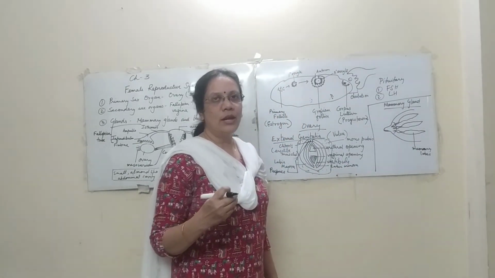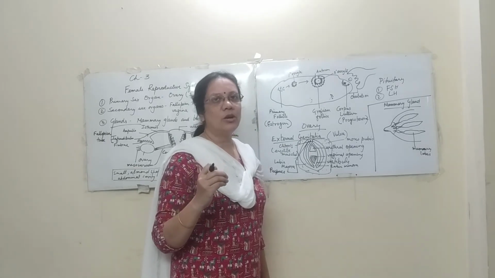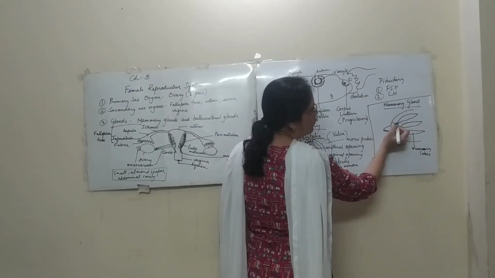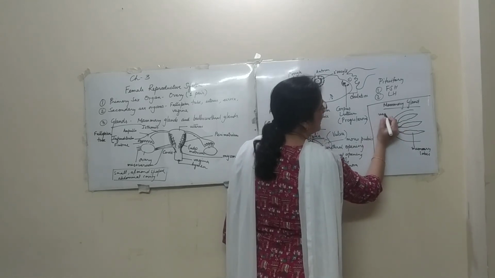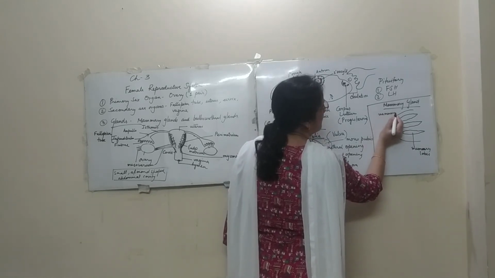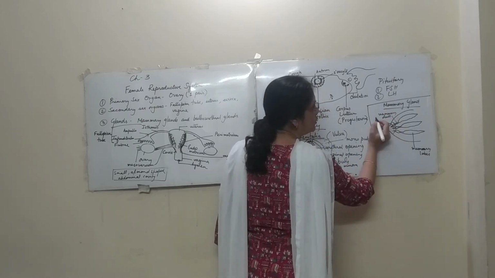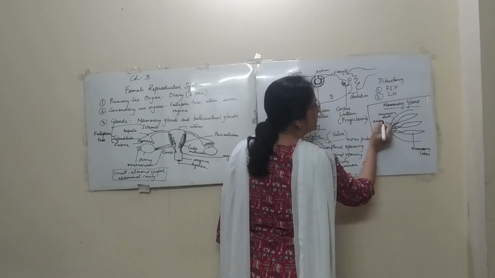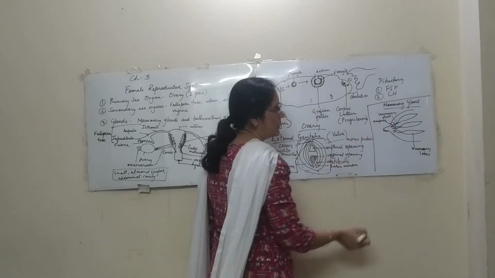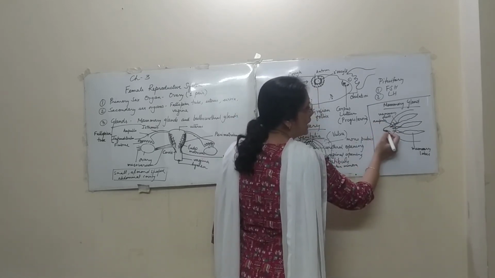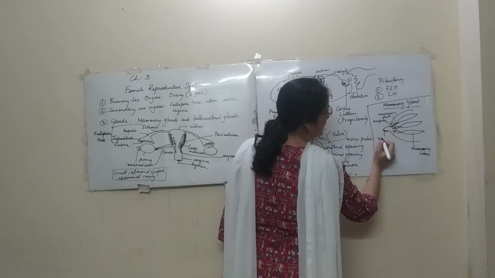From the alveoli, small ducts arise which are known as mammary tubules. The mammary tubules join to form the mammary duct. The mammary ducts open into the ampulla where the milk is stored, and then open into the nipple. This is the nipple.